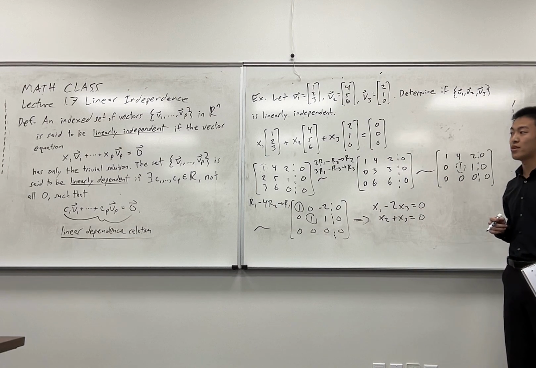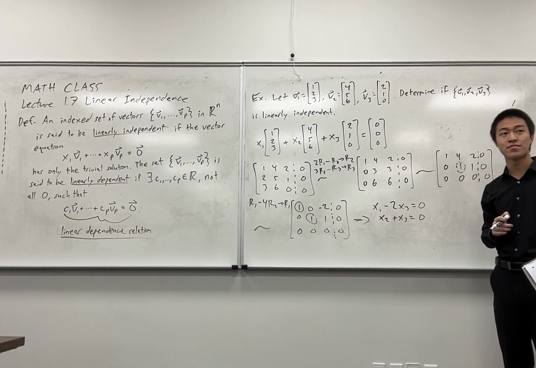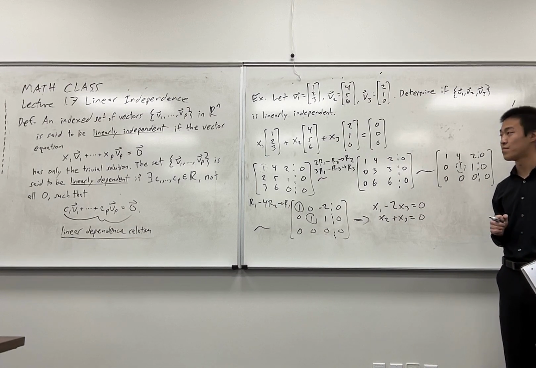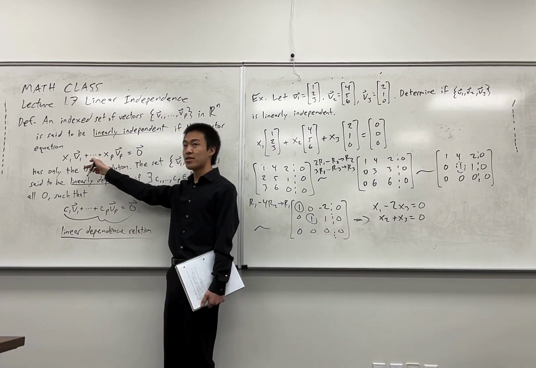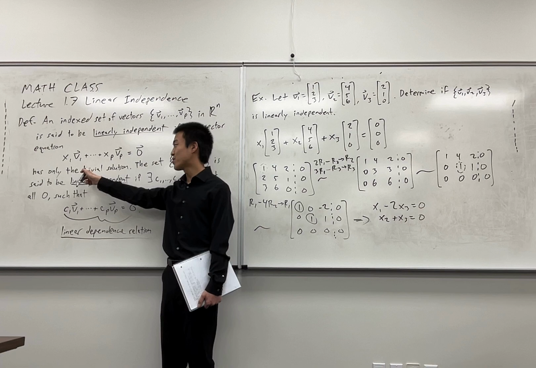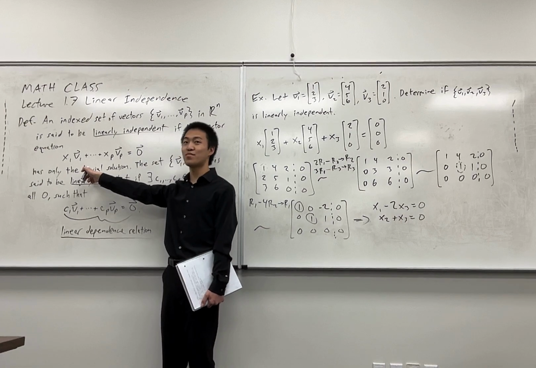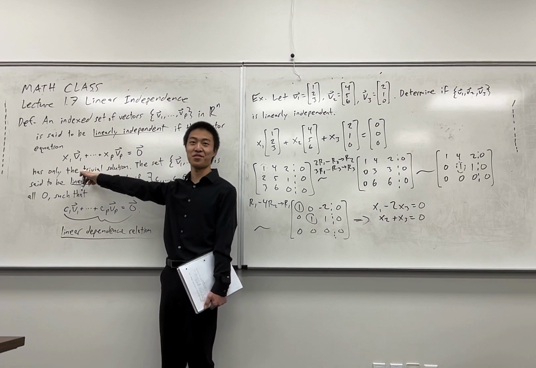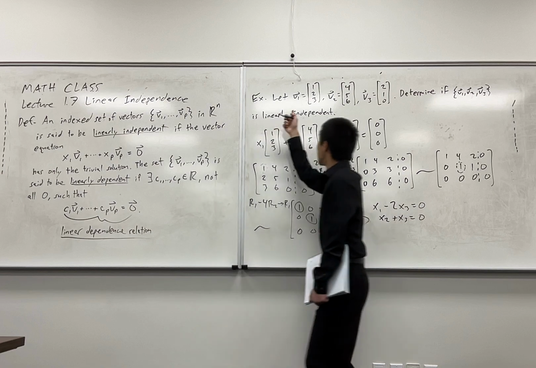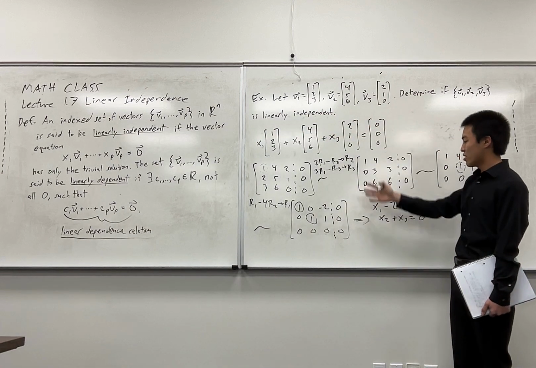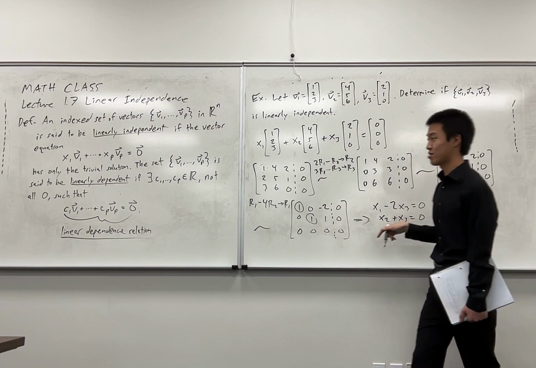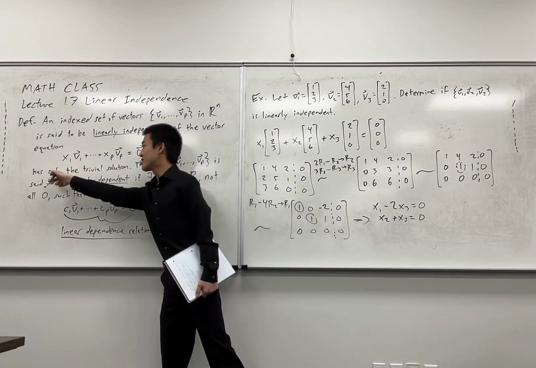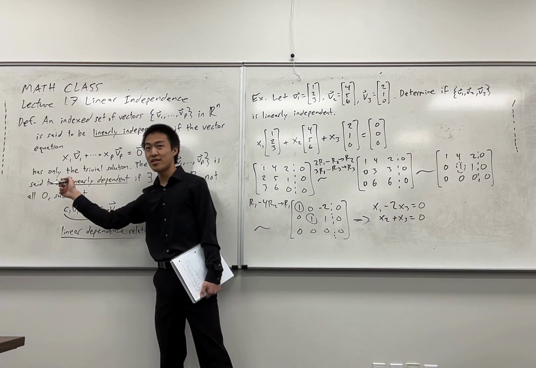So you tell me, definitionally, what are these vectors? Linearly dependent. Why are they linearly dependent? Because specifically, the homogeneous equation has more than just the trivial solution. Do not make me read this definition again, okay? If we're able to get solutions that are not the trivial solution, then does this condition get satisfied?